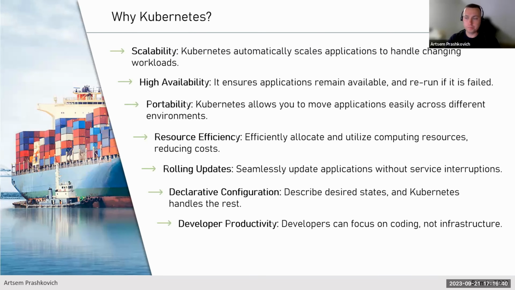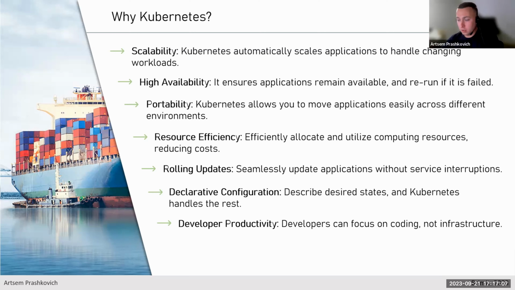And in a properly configured development process for Kubernetes, it takes just one click to deploy new code to the environment, which makes it easy for developers, and they do not have to think about the infrastructure. They can just focus on the code.